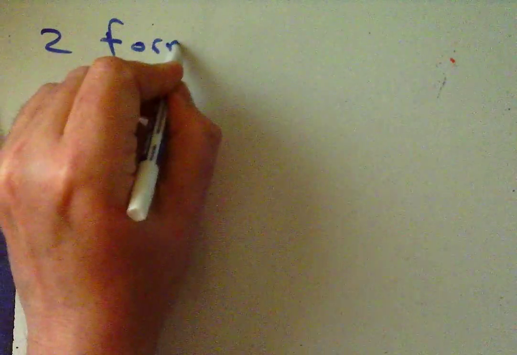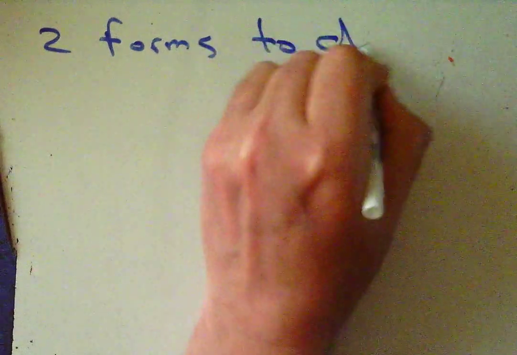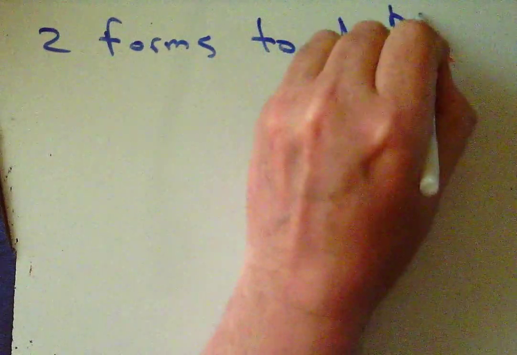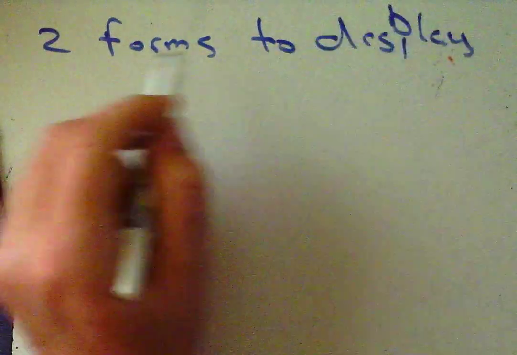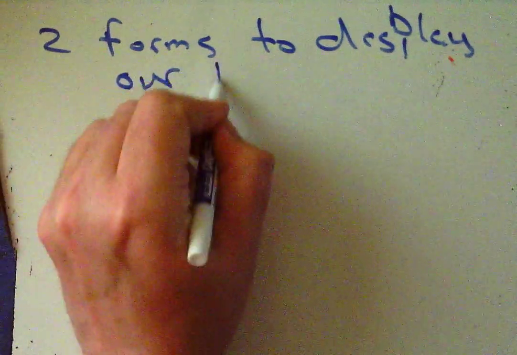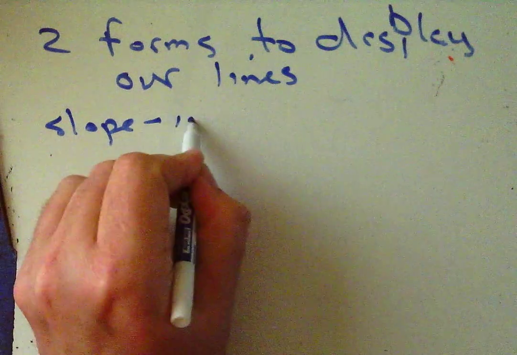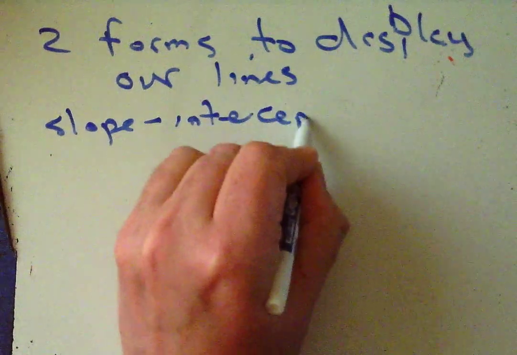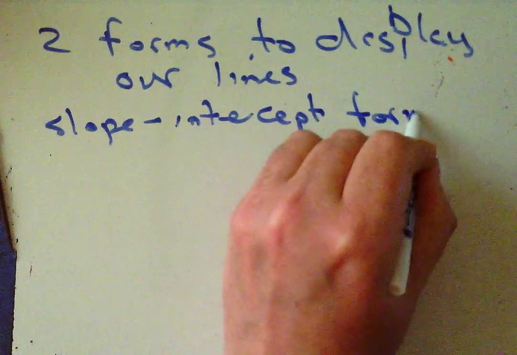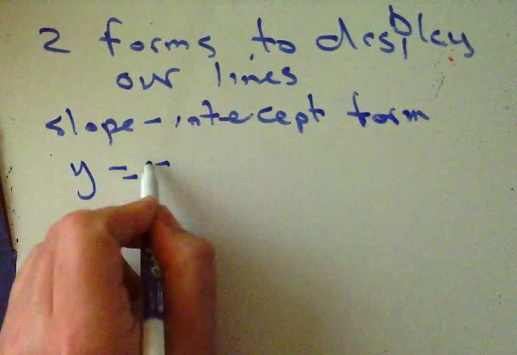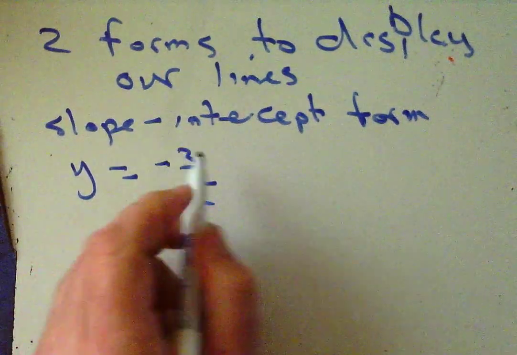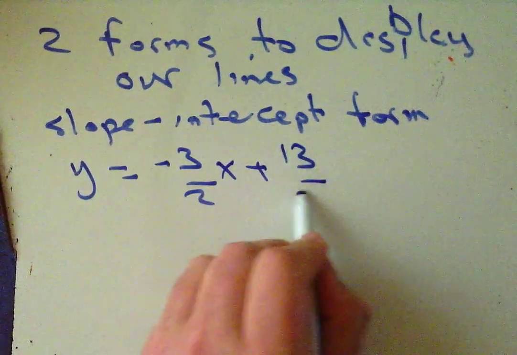We have two forms to display our answers. One of them is slope-intercept form. We just showed y equals negative 3/2 x plus 13/2.